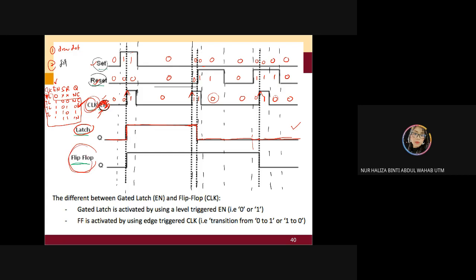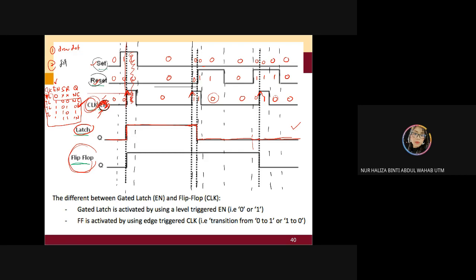So with active high, you look at the pointing up only for the positive clock. So you just need to see the changes at this specific line, not all this area.